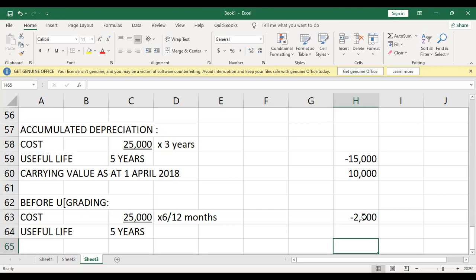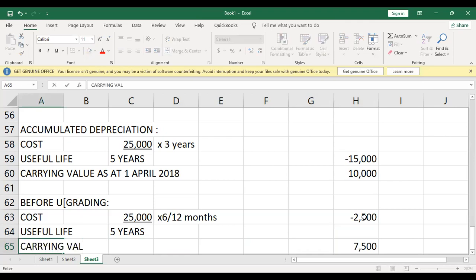That's 7.5. So that's the carrying value as at 1st October 2018. That's before the accident, or let's say before upgrading.